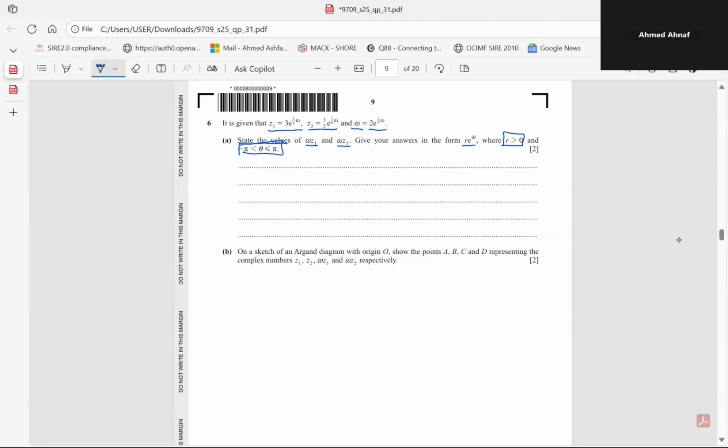Okay, so let's start by obtaining omega times z1. So that's just 2 times e to the power of half pi i times 3 times e to the power of 1 over 4 pi i. So we can just simply multiply the moduluses. So that's 2 times 3, which is 6, and then multiply the exponents. In order to multiply the exponents, we just have to add the powers, which is basically the argument.